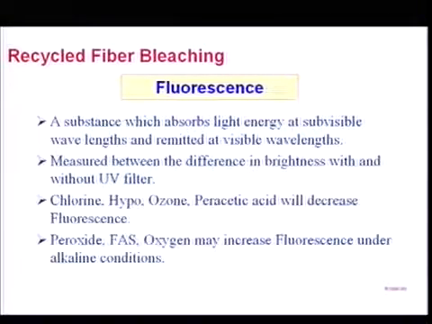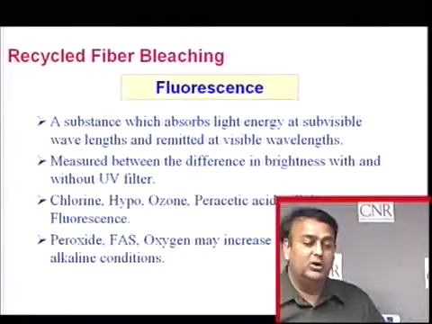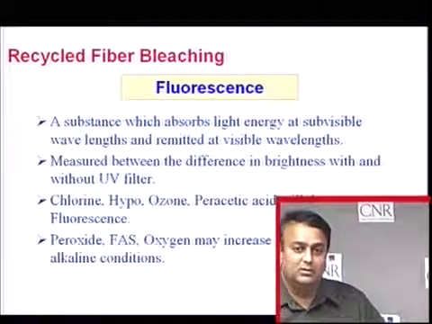Next one is the fluorescence. What are fluorescent compounds? Fluorescents are the substances that absorb light energy in the subvisible regions and re-emit in the visible region. How do I measure fluorescence? With UV light. With and without the UV filter, you measure the brightness difference, then it will tell you whether you have fluorescent whitening agents.